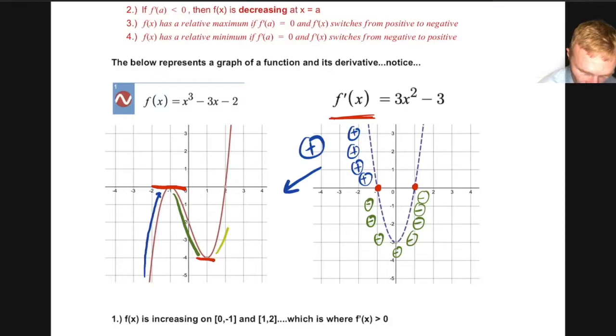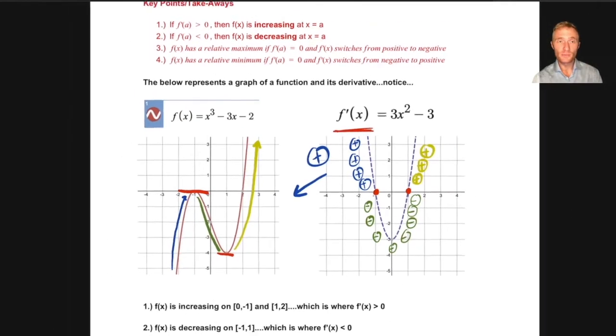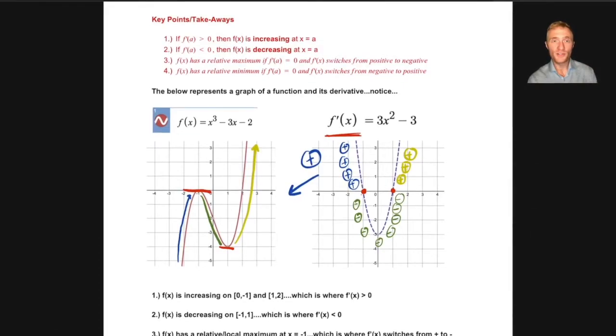When this function starts increasing again, our derivative is positive. So the key points here, taking this all in at once, if the derivative is above 0, if the derivative is positive, that's blue and gold, my original function is increasing. If the derivative is below 0, that's in green, those negative signs, the original function is decreasing.